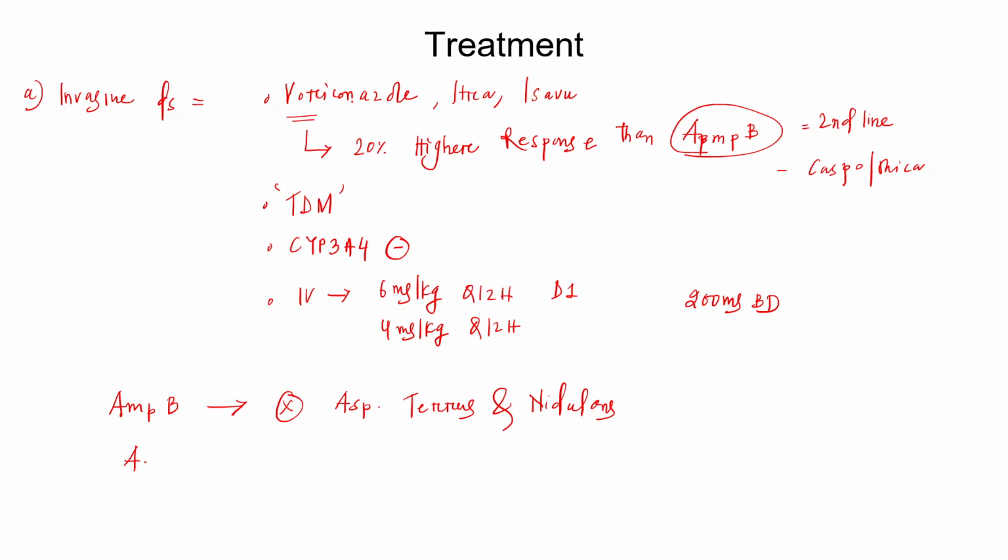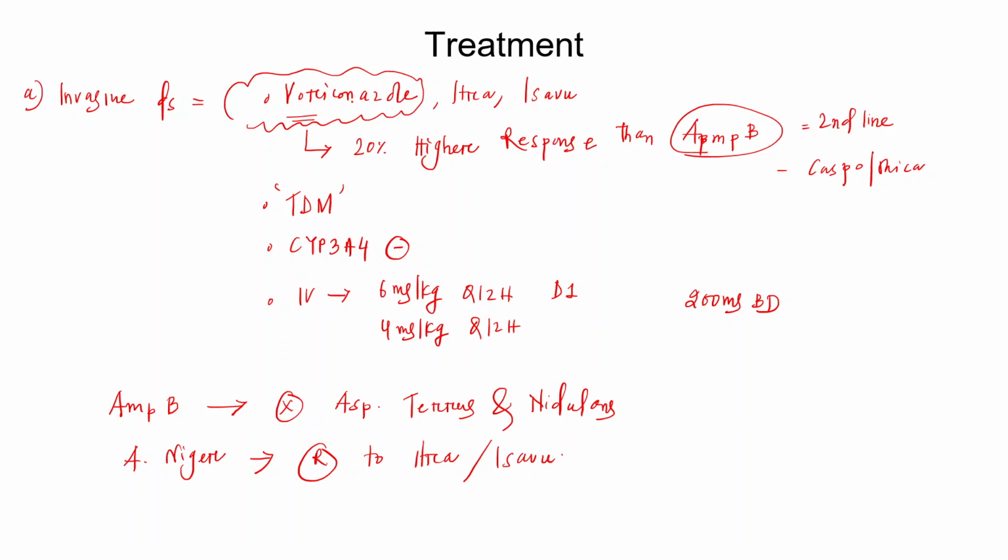Again, Aspergillus niger is resistant to itraconazole and isavuconazole. That's why the most important drug, I told, is voriconazole. So this is about invasive aspergillosis.